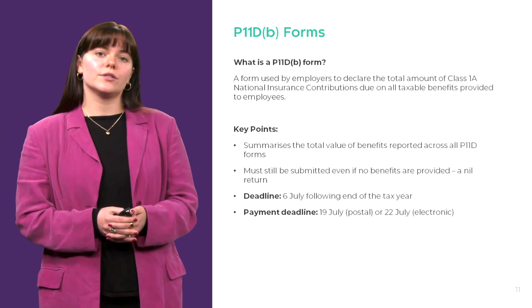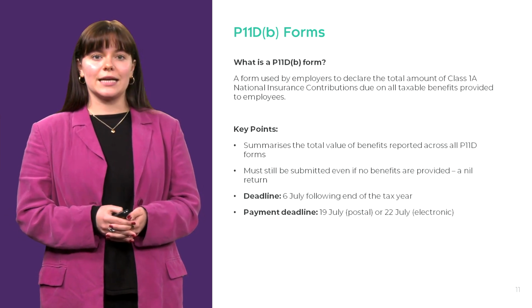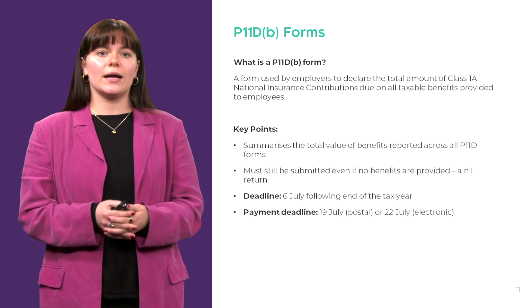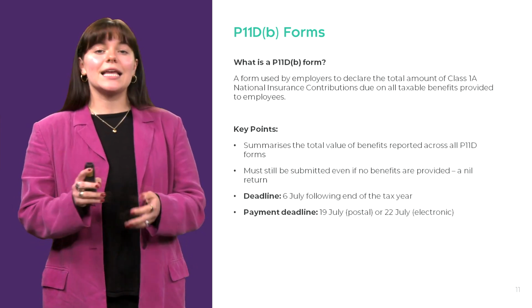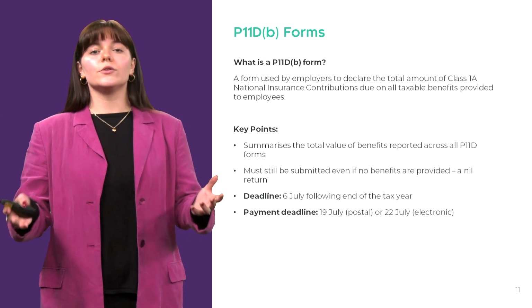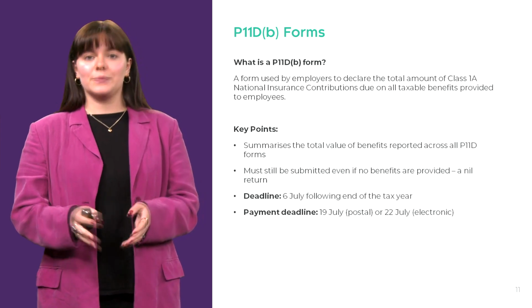As we've just discussed, P11D forms are used to report individual employees' taxable benefits. But alongside that, employers also have a liability. They need to pay Class 1A national insurance on the total value of those benefits. That's where the P11D-B comes in.